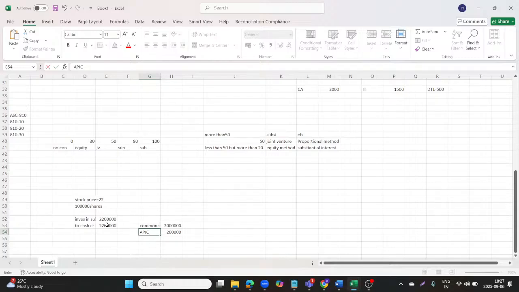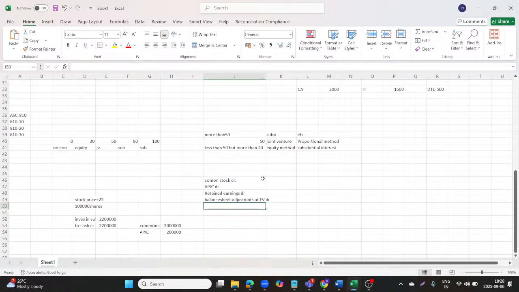Lastly, we'll see how we pass the eliminating journal entry. We'll debit common stock, additional paid-in capital, retained earnings, balance sheet adjustments at fair value, identifiable intangible assets, and goodwill.